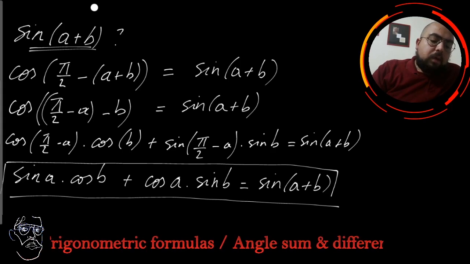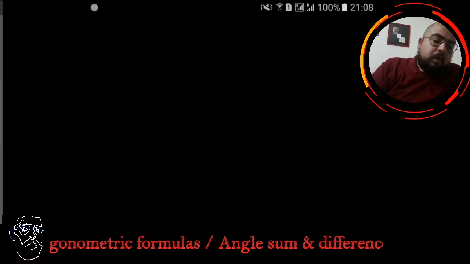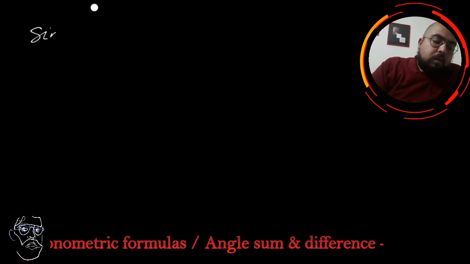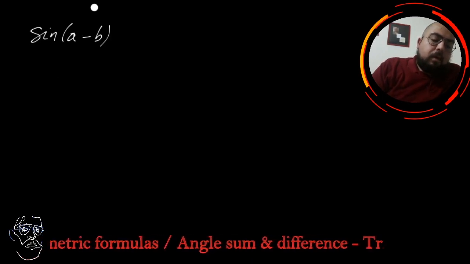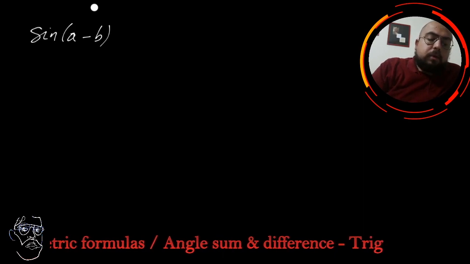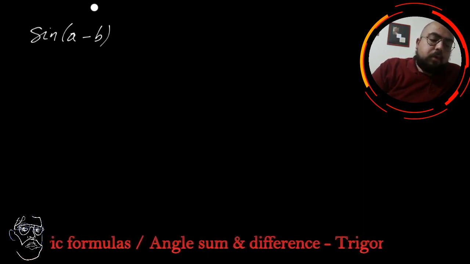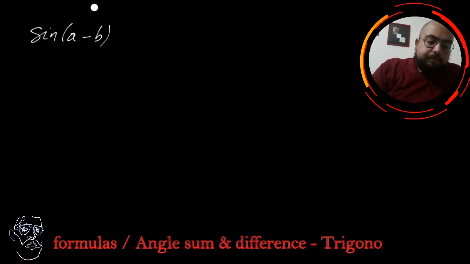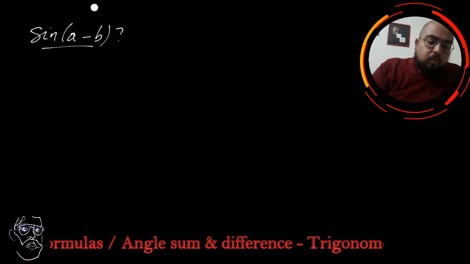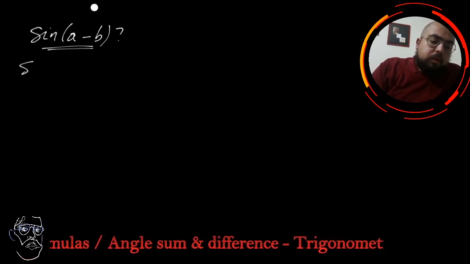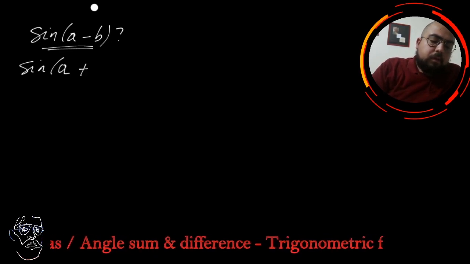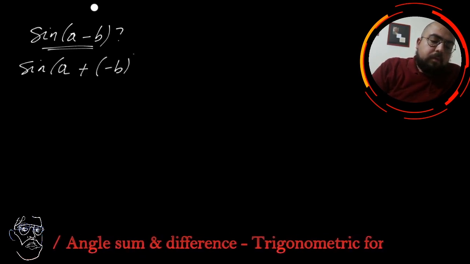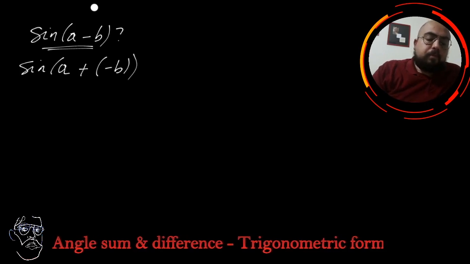Now what about sine of a minus b? Sine of a minus b, I will use the previous formula. So sine of a minus b, I will simply say it's sine of a plus minus b. Alright?